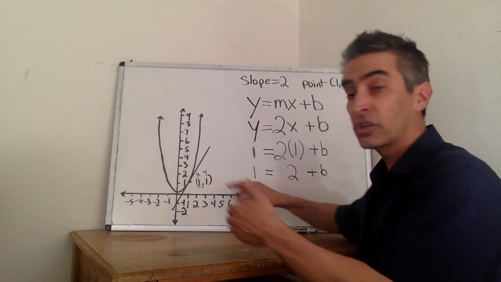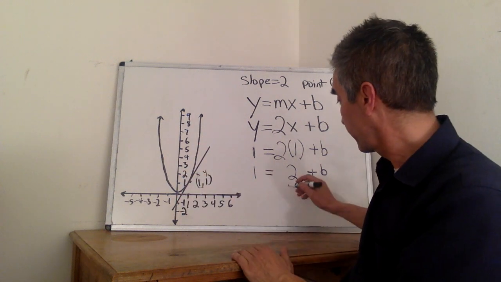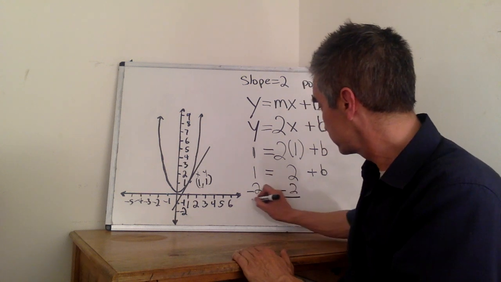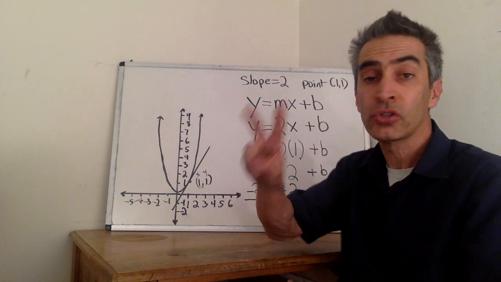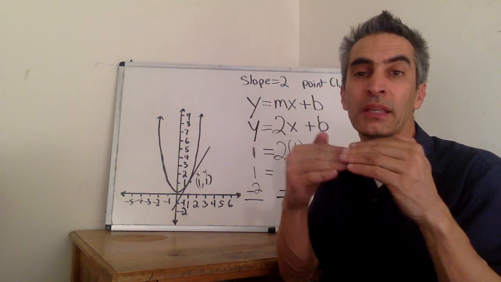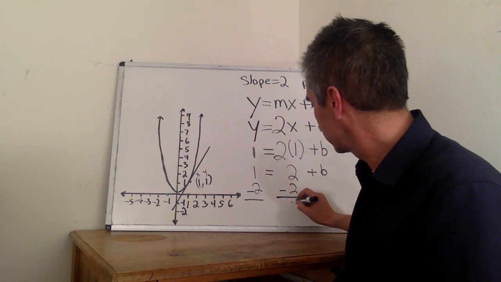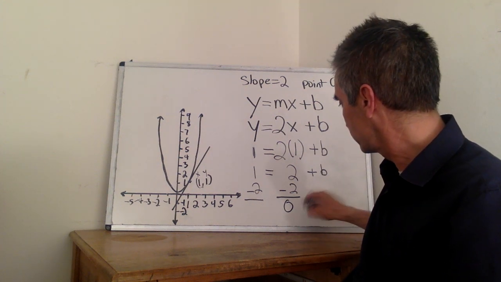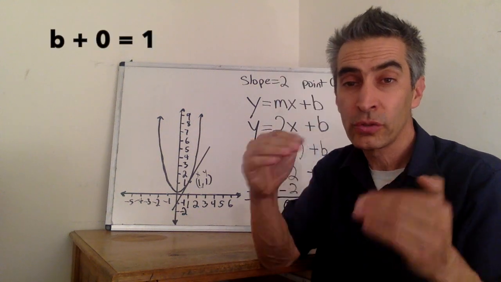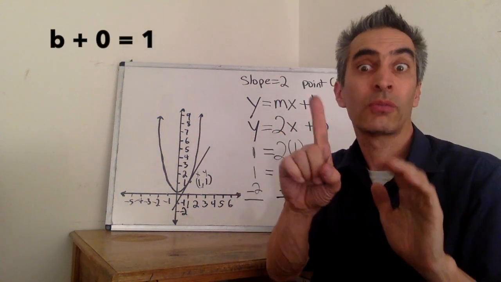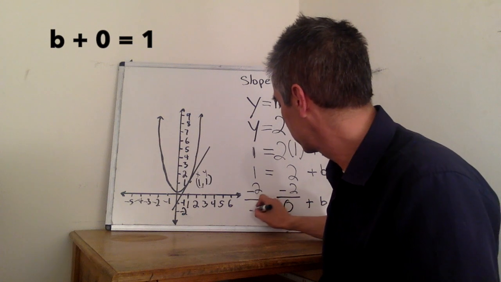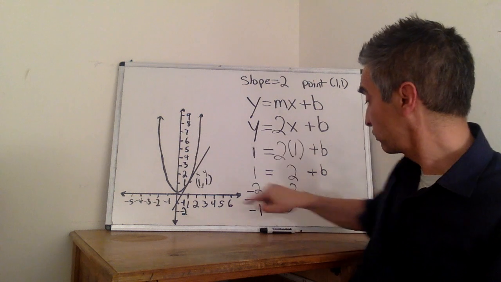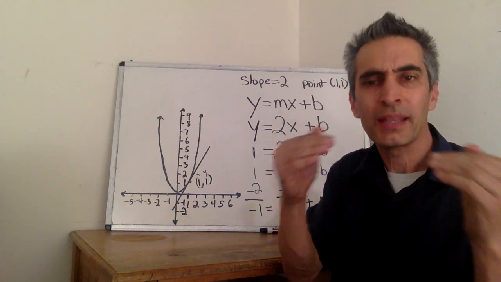2 minus 2 and 1 minus 2 on the left side. 2 minus 2 equals 0. And bring down the b. 1 minus 2 is negative 1. b plus 0 is b.